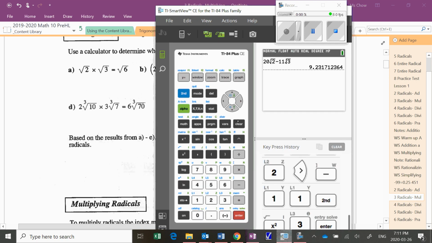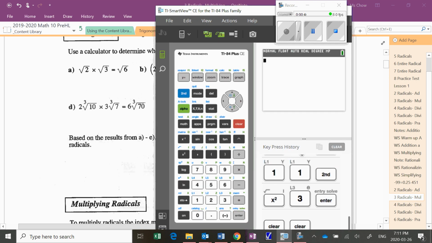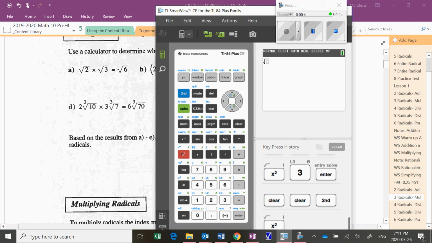So let's take a look. Again, we can go second root 2, and then we just need to arrow over, times root 3, and I can press equals from there. So approximately, and that's an irrational number of course, approximately 2.449 and so on.